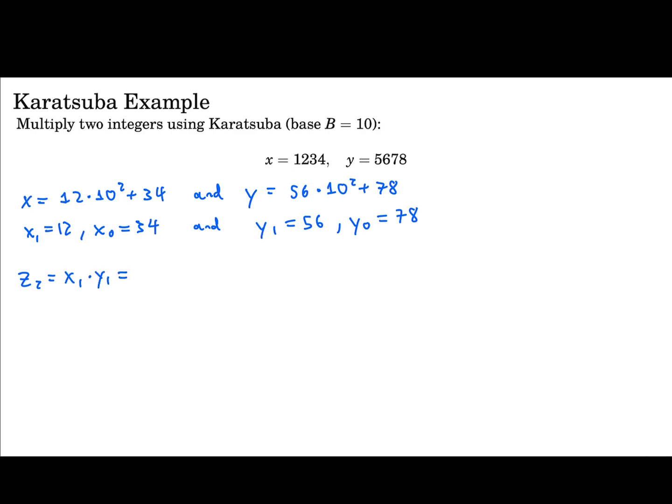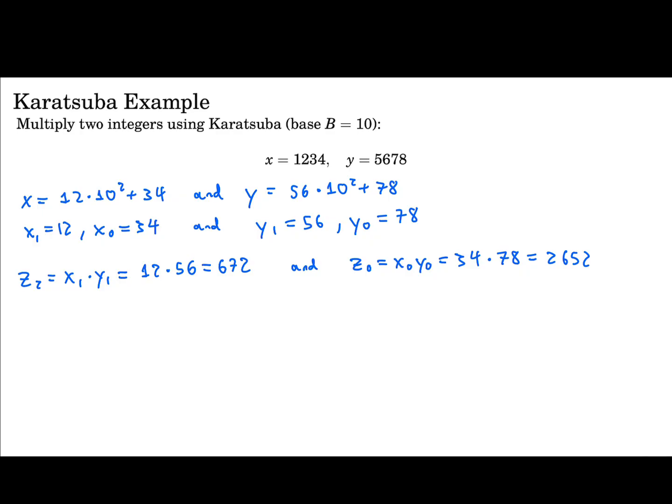And so this is going to be 12 times 56, which will be 672. You also compute z0, which is going to be x0 times y0. And so this will be 34 times 78, which will be 2,652.